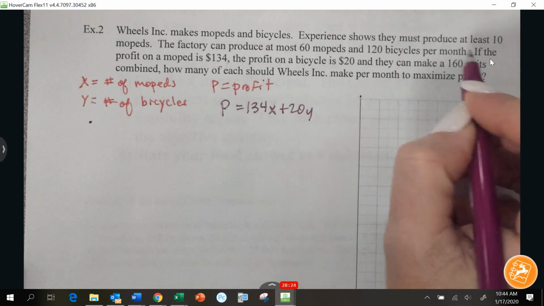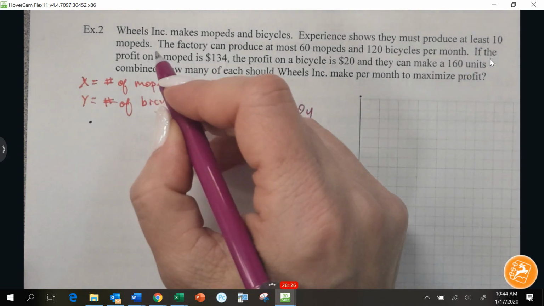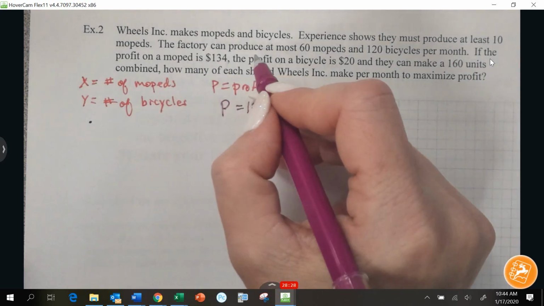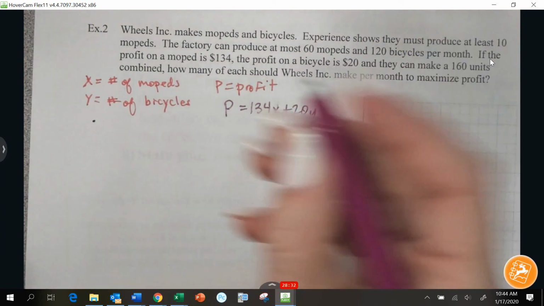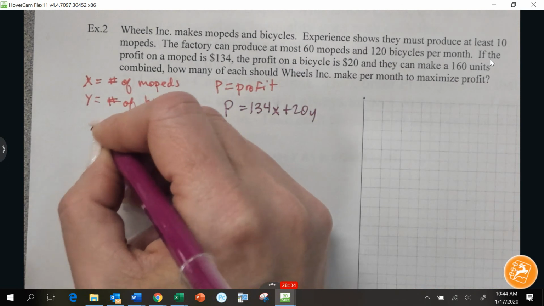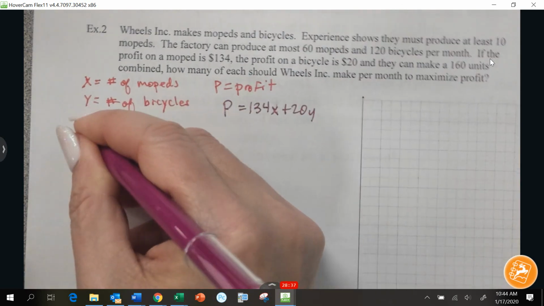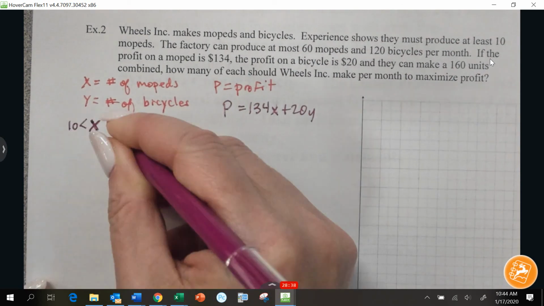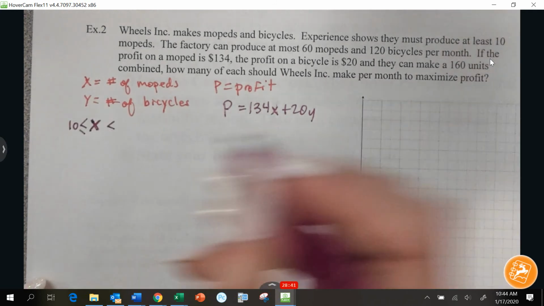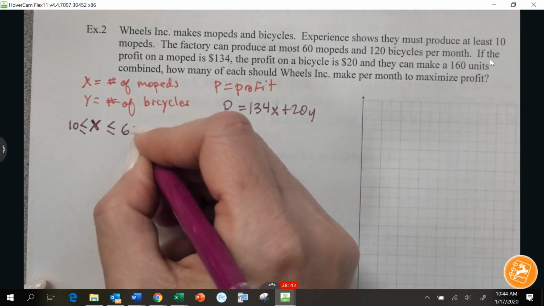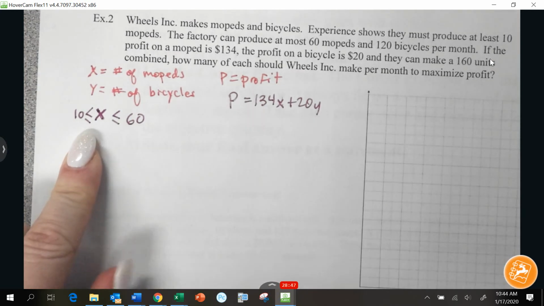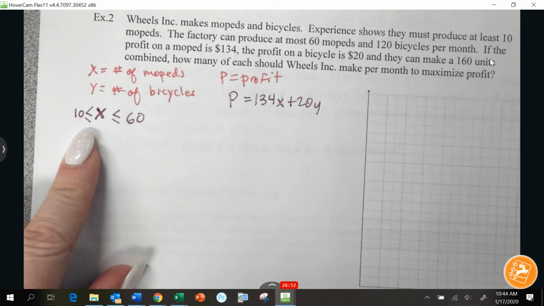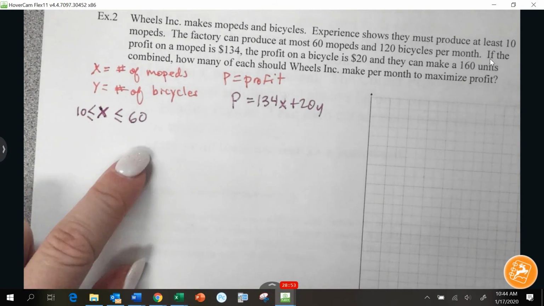They need to produce at least 10 mopeds, and then the factory can produce at most 60 mopeds. So for the number of mopeds that we make, it's not just x is greater than 0. This is x is greater than or equal to 10, but less than or equal to 60. So that one's a little bit different than a lot of other ones. It is still in the first quadrant, but it's not just bigger than 0. It's bigger than 10, less than or equal to 60.